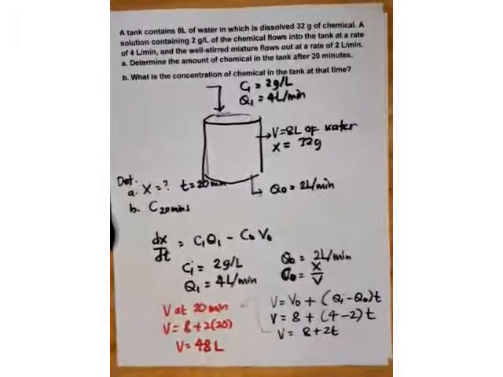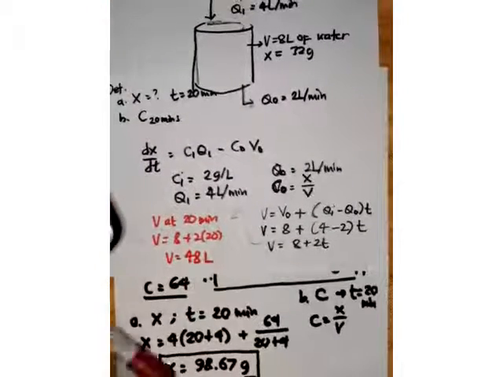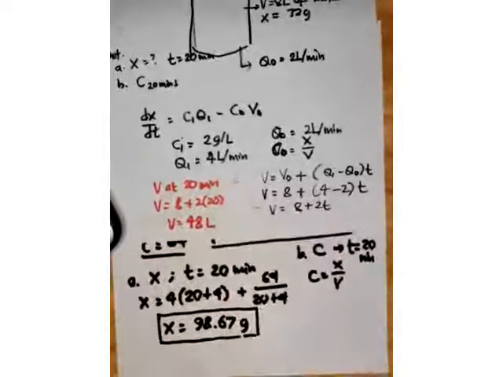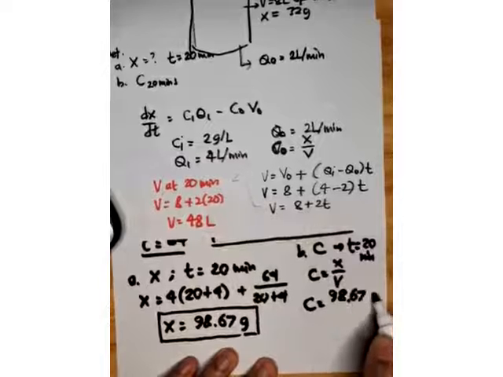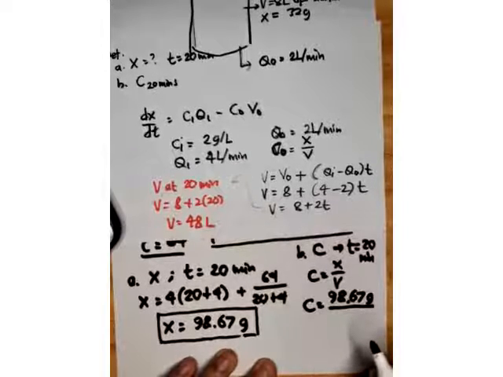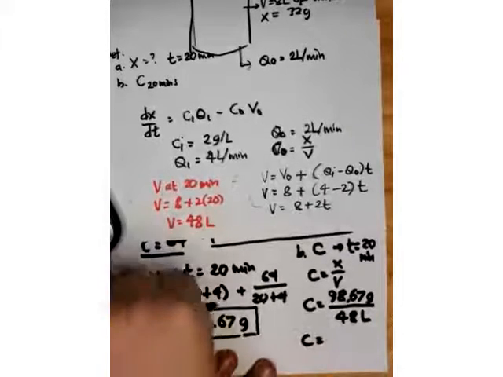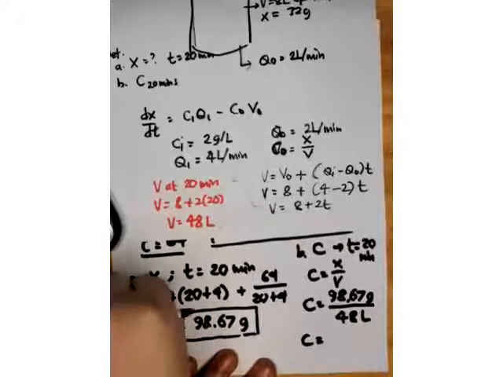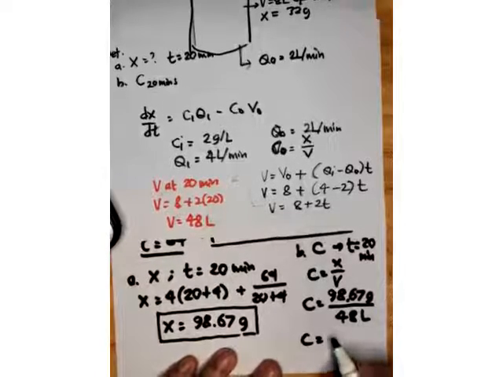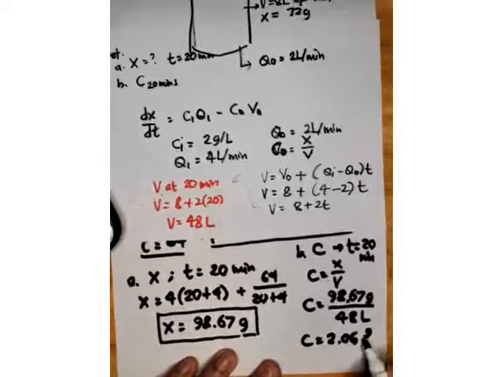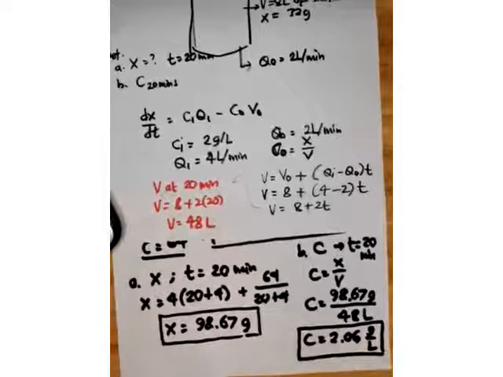So volume is 48 liters. So therefore, concentration is 98.67 grams all over 48 liters. So concentration is 2.06 grams per liter.